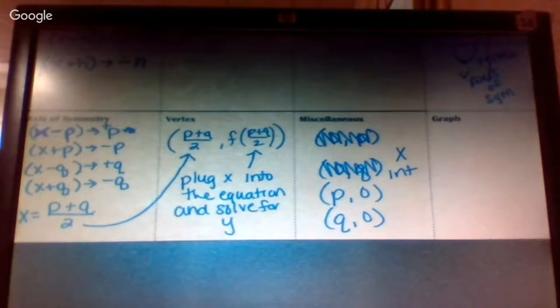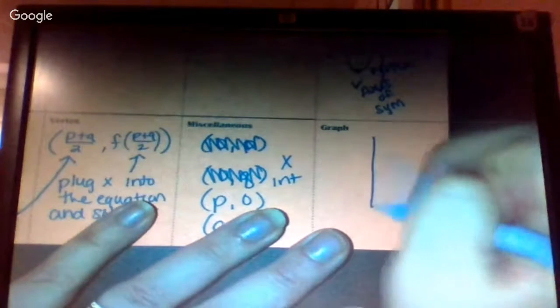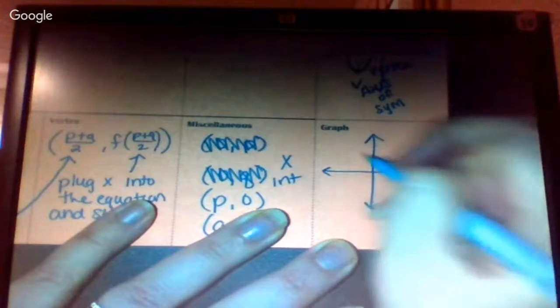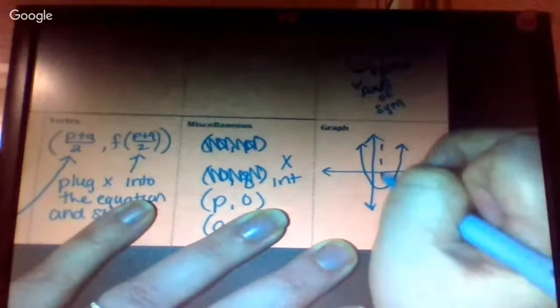So out of all of your forms, this one actually I think is the best form. Okay, so next week, we're going to learn how to go from standard form to this form. So the information that you can use to graph this one: from this equation, you know your axis of symmetry.